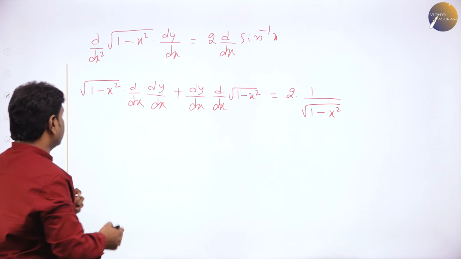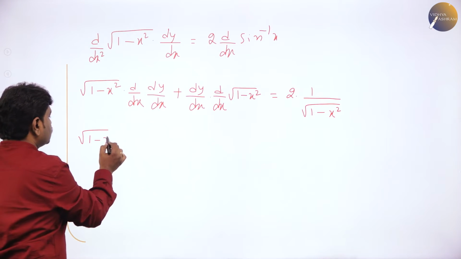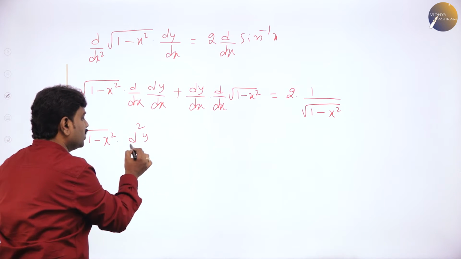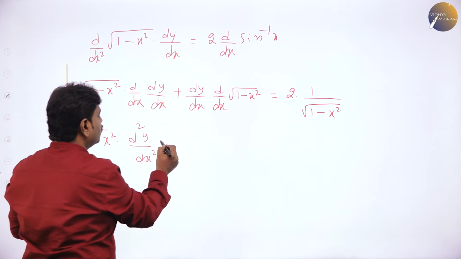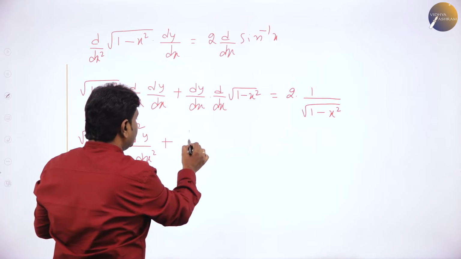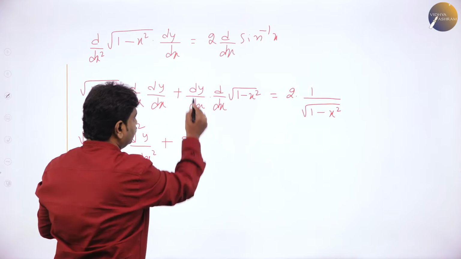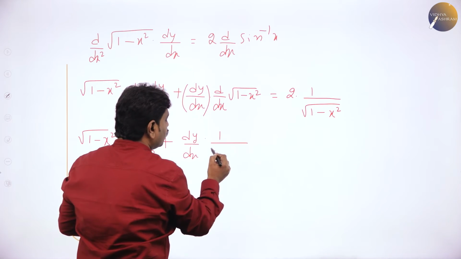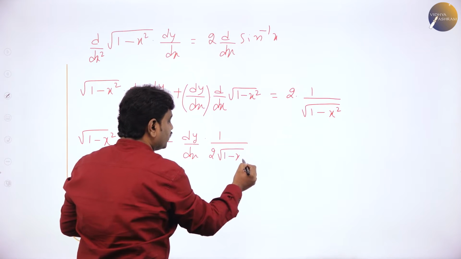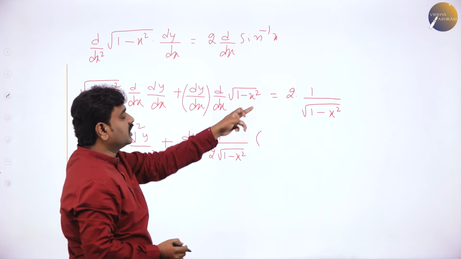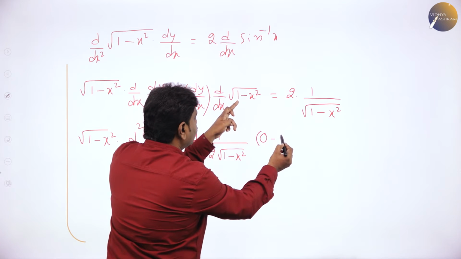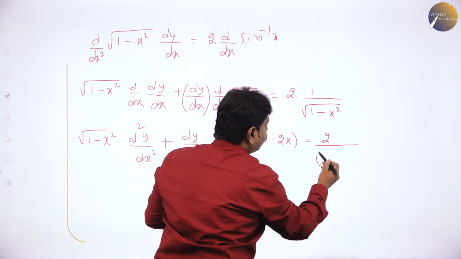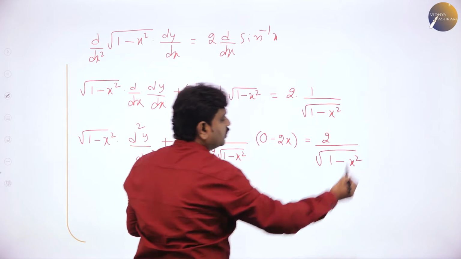Now simplify this further. So root of 1 minus x square into d by dx of dy by dx, which is called d square y by dx square, or the double derivative, plus now dy by dx, into d by dx of root of 1 minus x square, which is 1 by 2 root of 1 minus x square into d by dx of the internal function, derivative of 1 is 0 minus 2x, is equal to 2 divided by root of 1 minus x square.